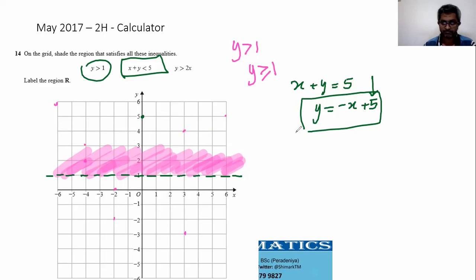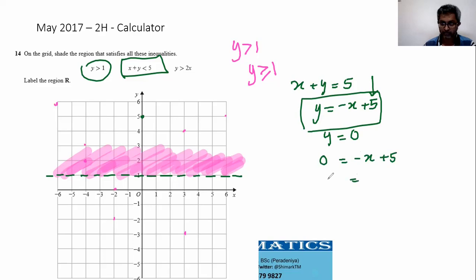Before drawing, you need to find another point to draw this line. I have one point. For another point, I can think of when y equals 0. When y equals 0, what is x? I substitute into y equals minus x plus 5.